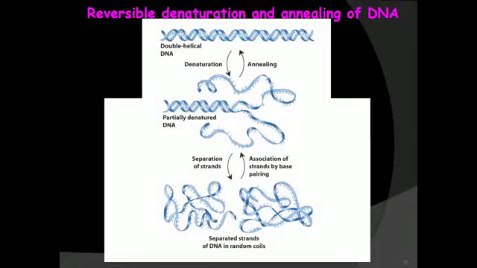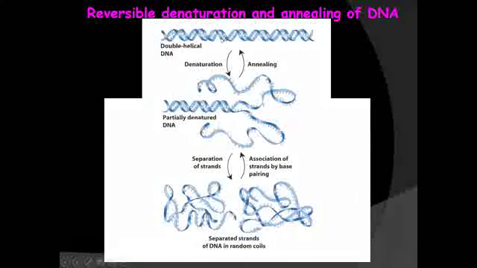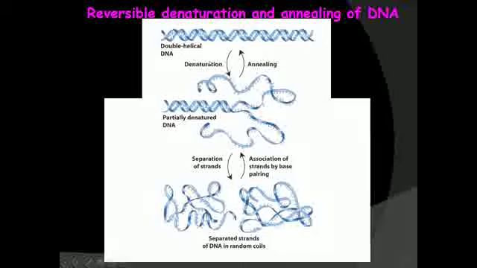So let's see. For example, this is a double helical DNA, and you have treated it with heat or with a chemical which results in separation of these two strands from one another. This separation is called melting or denaturation.